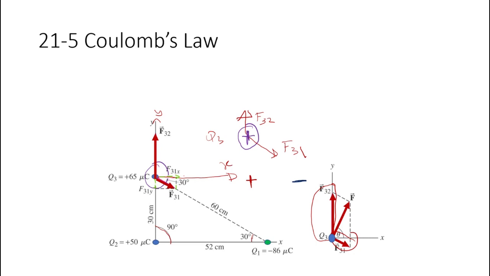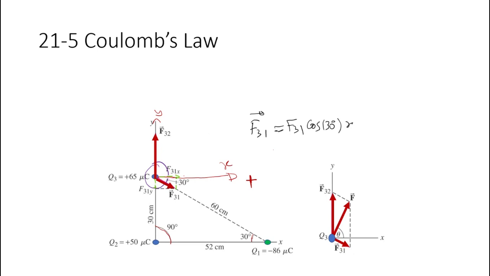Now, let me clean this and write them down there. We said F31 vector will be F31 in magnitude cosine of 30 degrees in x direction. Remember, when I drop here, it will be in y direction but south.